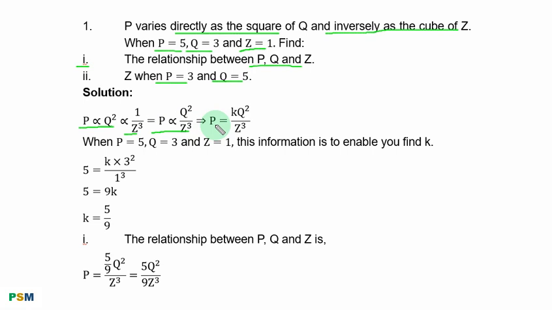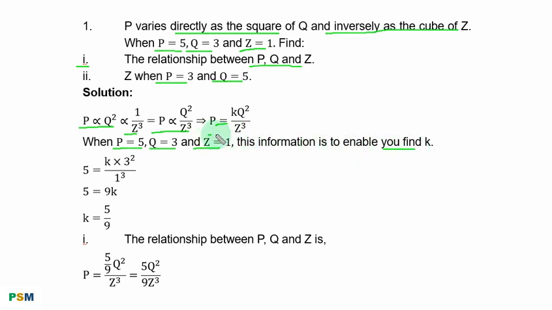As you are doing that, you introduce the constant k of variation. When P is equal to 5, Q is equal to 3, and Z is equal to 1, this information is to enable you find k.